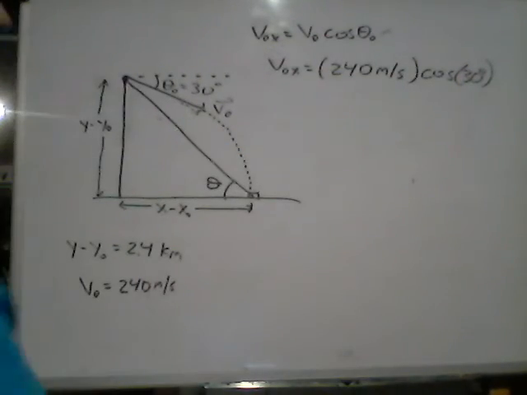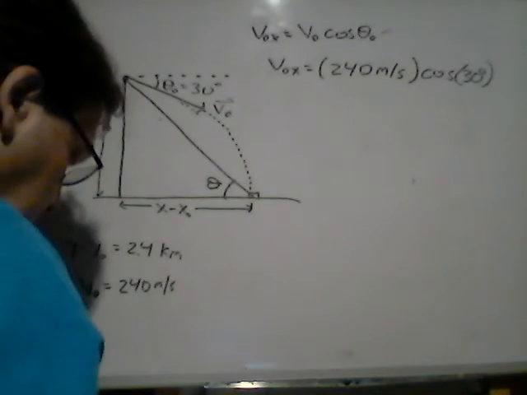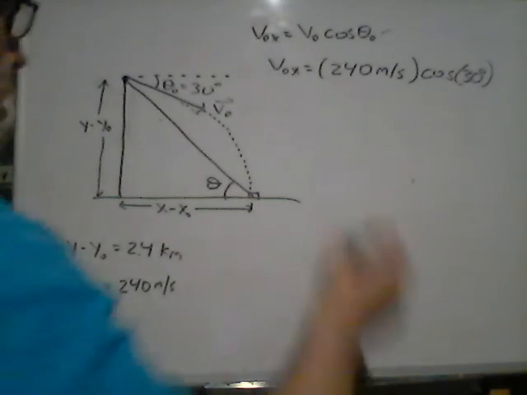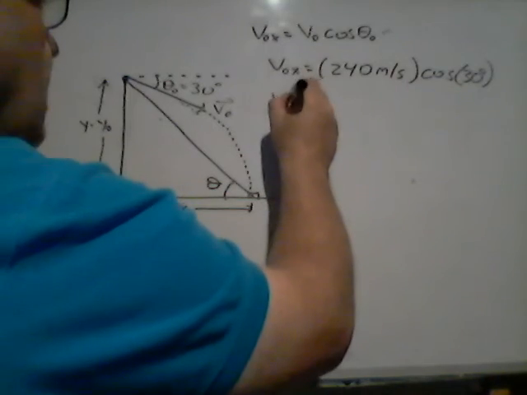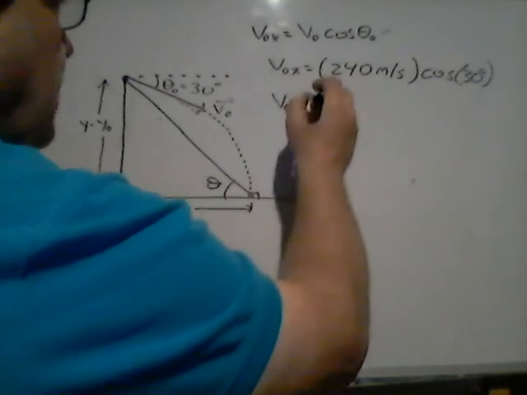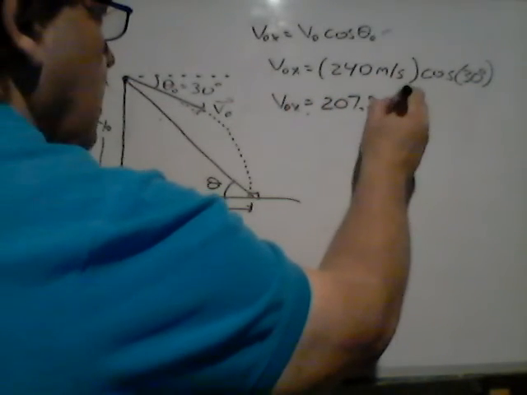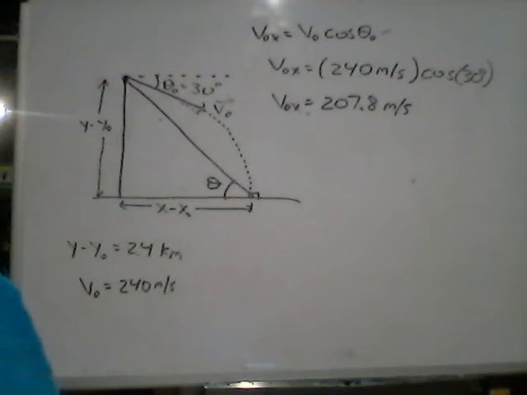All right, and so if you do that, you find that that's going to be 207.8 meters per second. So v naught sub x, we know what that is. We can calculate it right now. So v naught sub x is 207.8 meters per second. All right, so we know that.